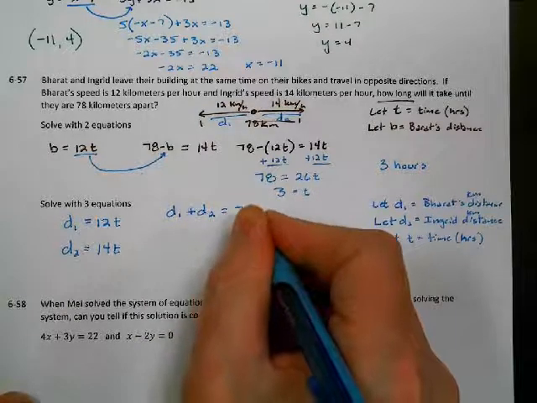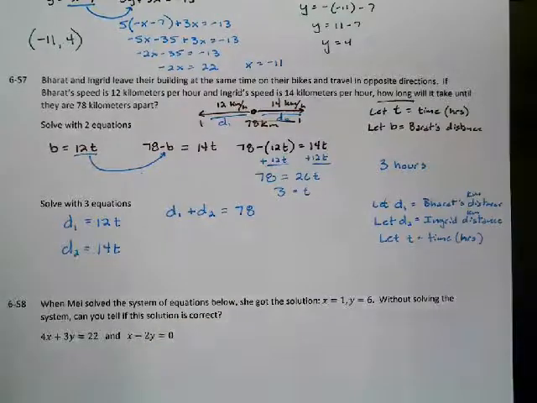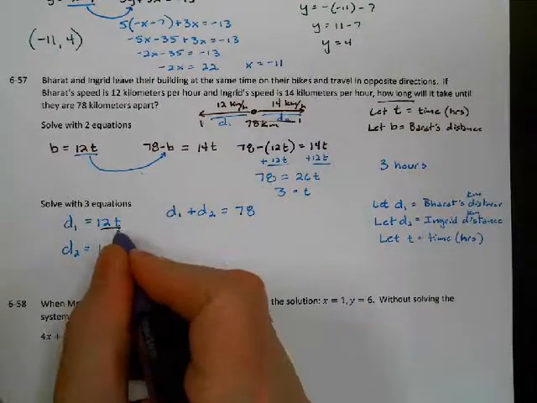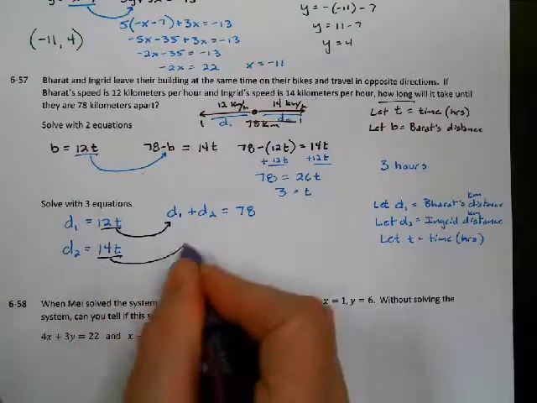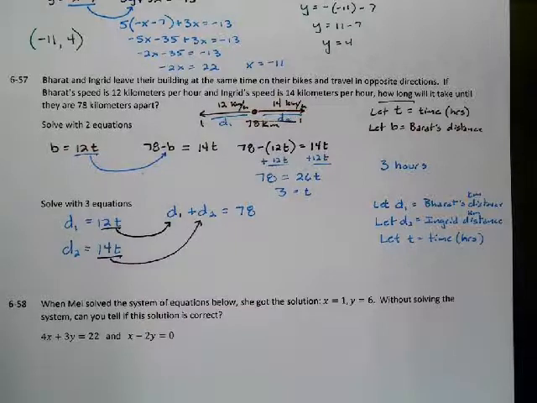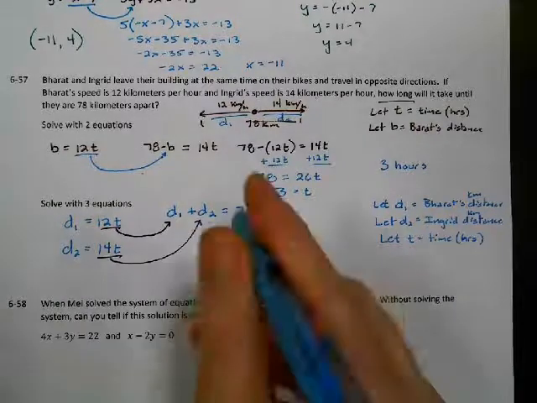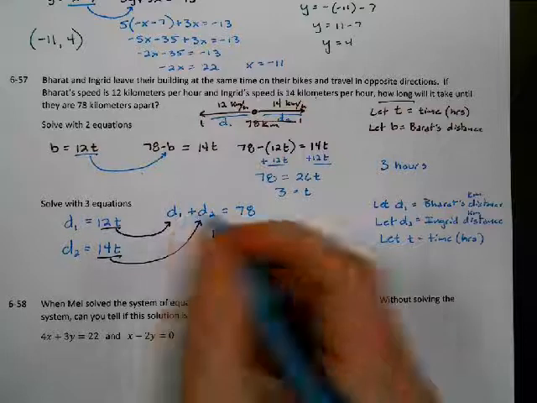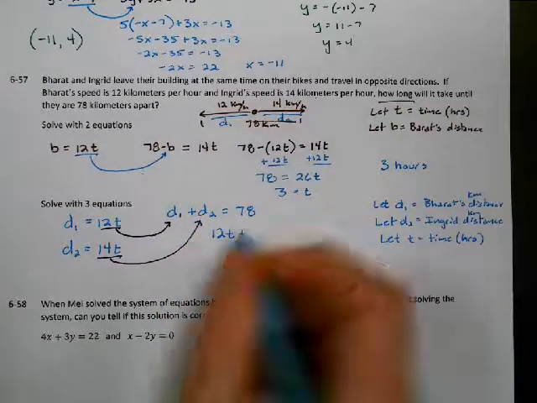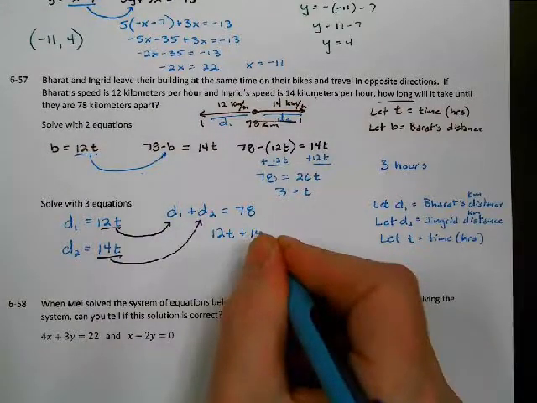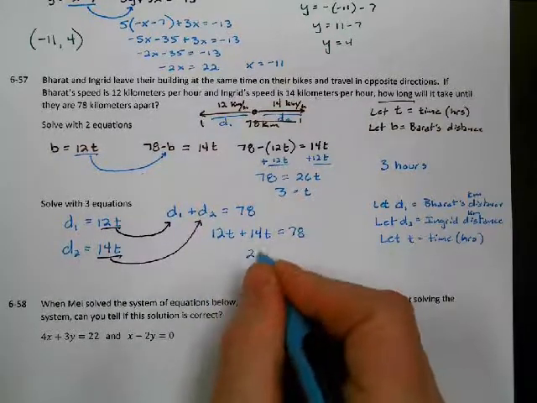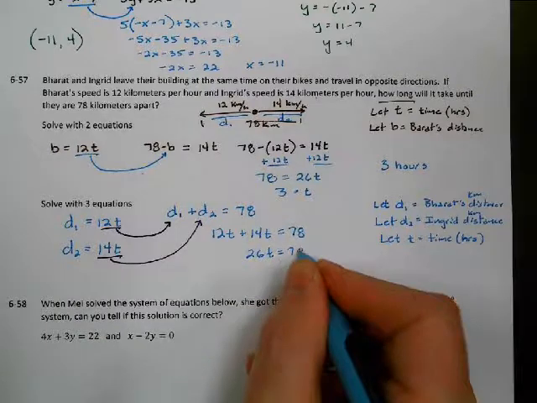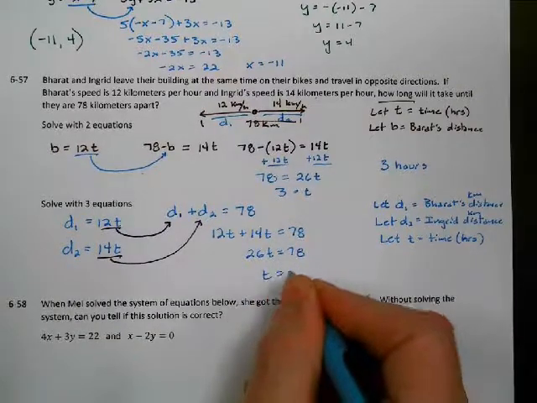Now what you can do is substitute for d1 and substitute for d2. So you end up with 12t, because that's d1, plus 14t, because that's d2, equals 78. So you get 26t equals 78, so t is equal to 3. Same problem, just two different ways to look at it.